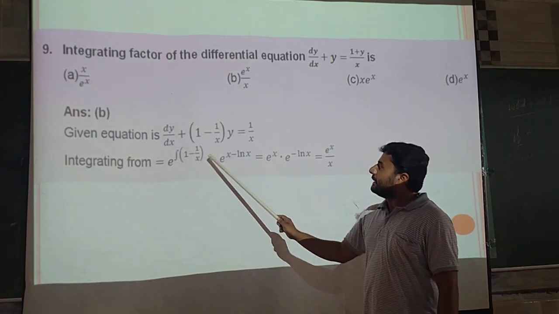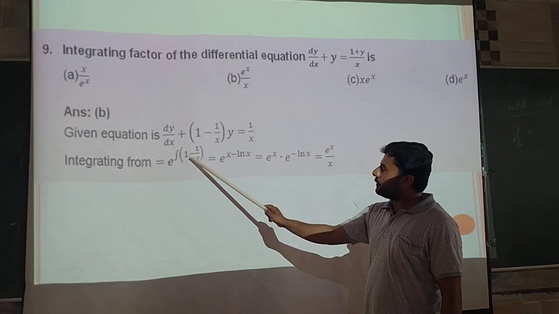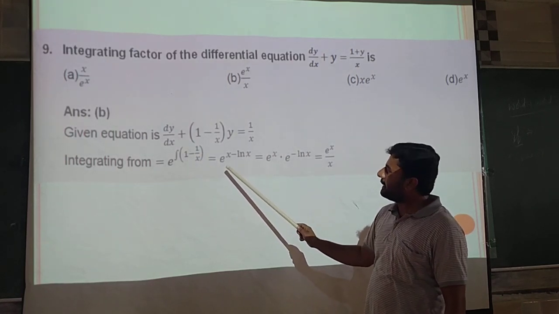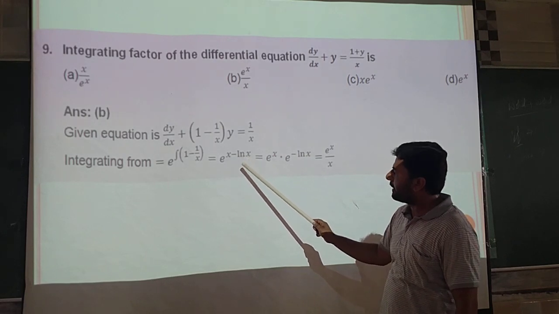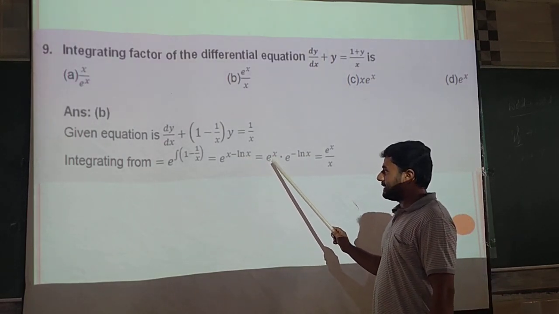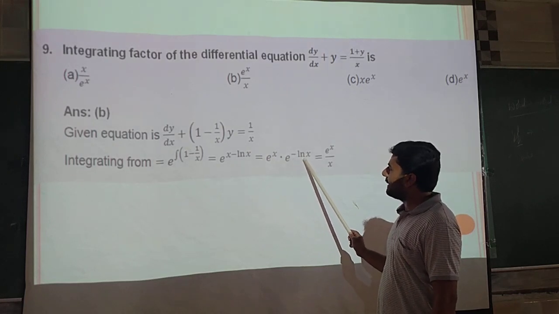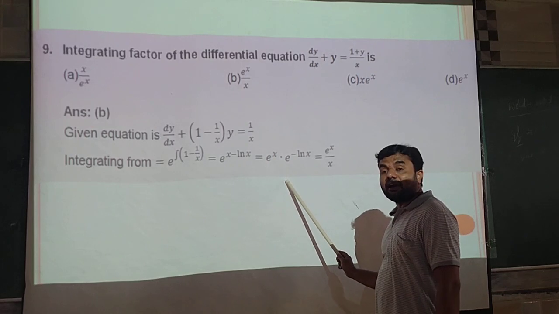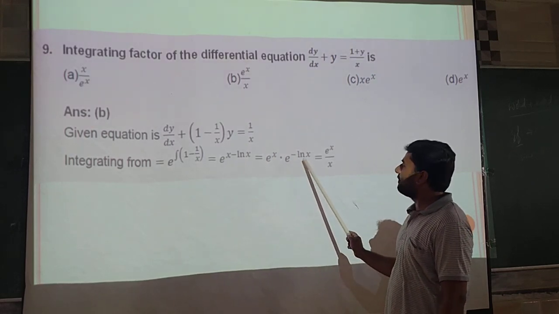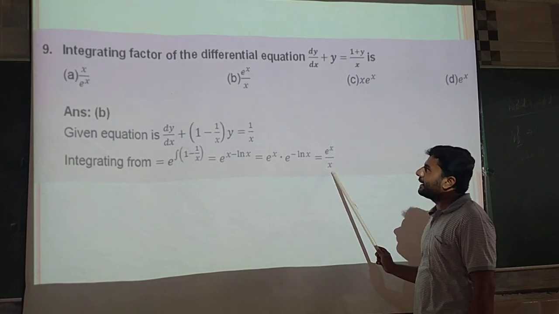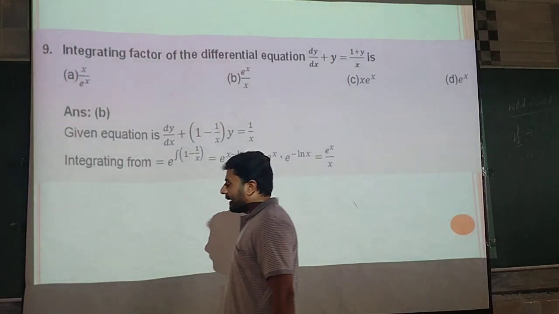Integrate 1 gives x, and minus integrate 1 over x gives log x. So e to the power of x minus 1 over x. Applying the law of indices, e power x as it is into e power minus log x, which is 1 by e to the power of log x. So only x is considered, that is e power x divided by x. Option b is the correct answer.